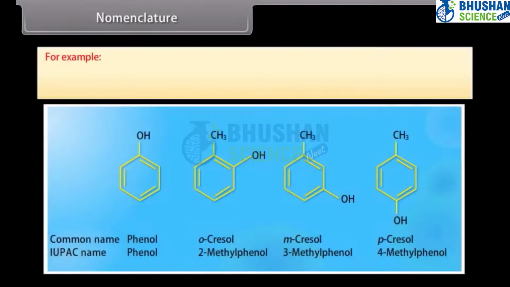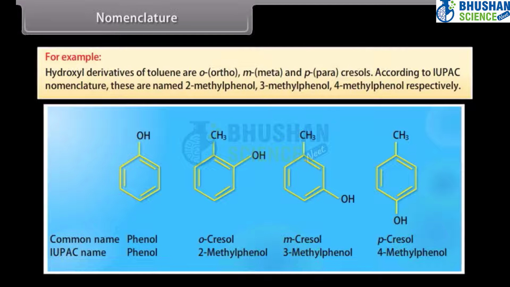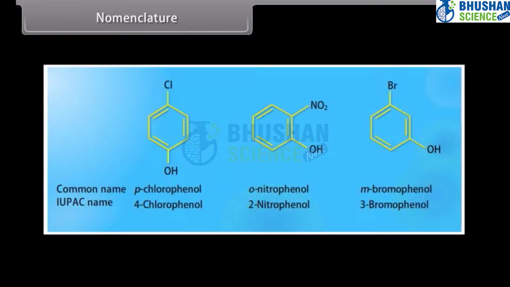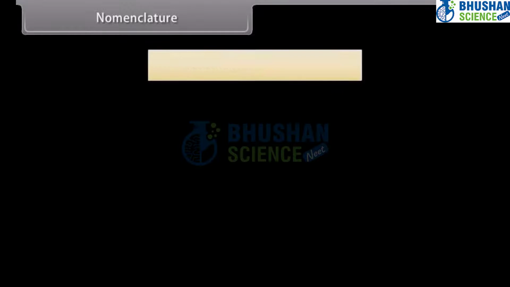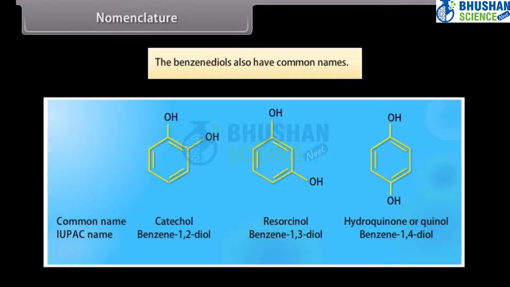For example, hydroxyl derivatives of toluene are ortho, meta, and para-cresols. According to IUPAC nomenclature, these are named 2-methylphenol, 3-methylphenol, 4-methylphenol respectively. One more example is the benzene diols also have common names.